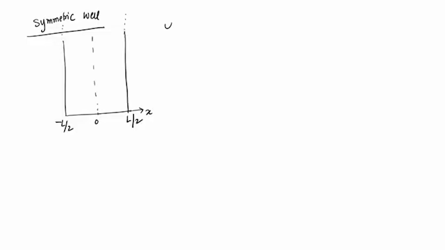In fact, what we can show is that your psi of x was nothing but a sine k x earlier. Okay. And now, what you do in this particular case is write it as a sine of k times x minus L by 2, because all the x coordinates have been shifted by this x minus L by 2.